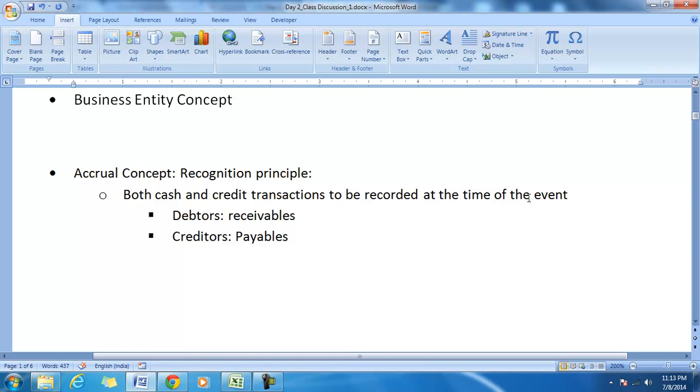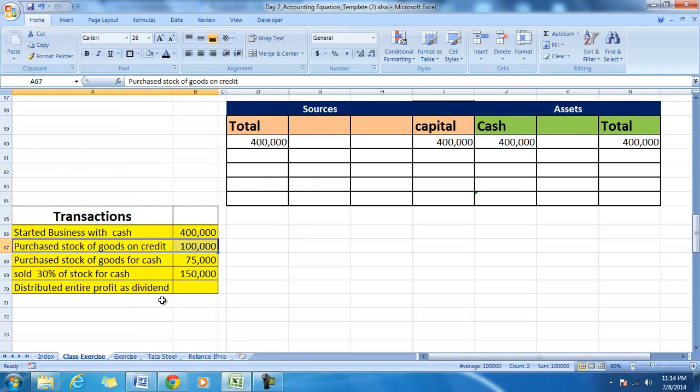So the goods are purchased on credit, so there will be a creditor, which are also called payables, and if the goods are sold on credit, there will be receivables, which are also known as debtors. In this case the goods have been purchased on credit, so because of the accrual principle we record it, and there is a stock of goods equal to 100,000.